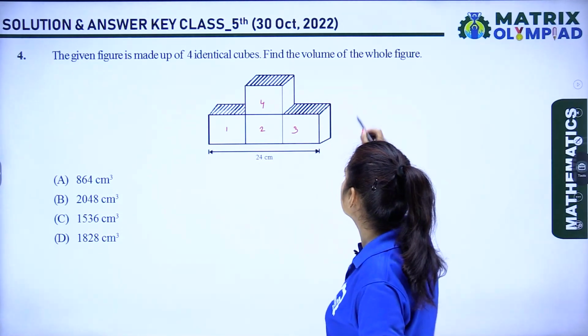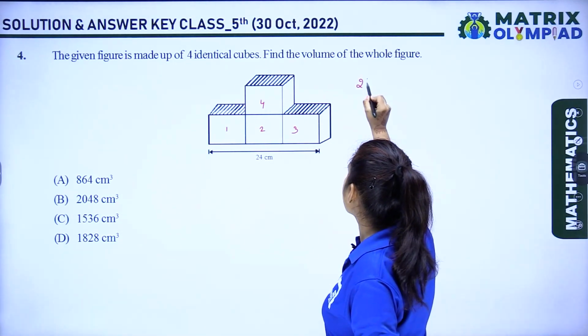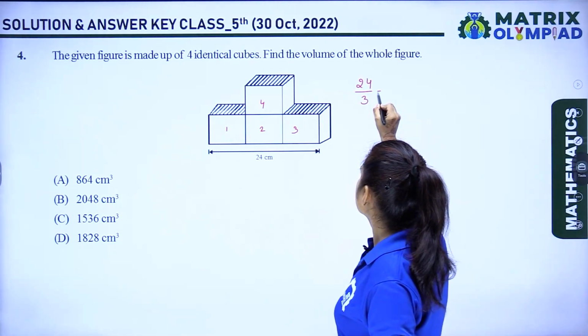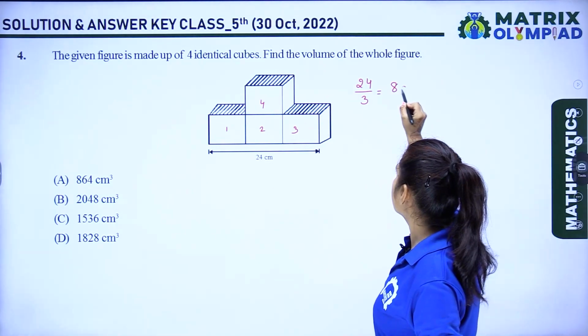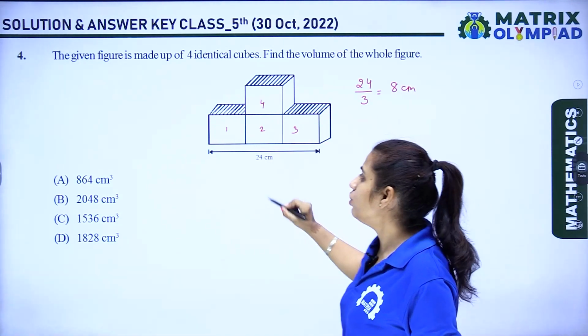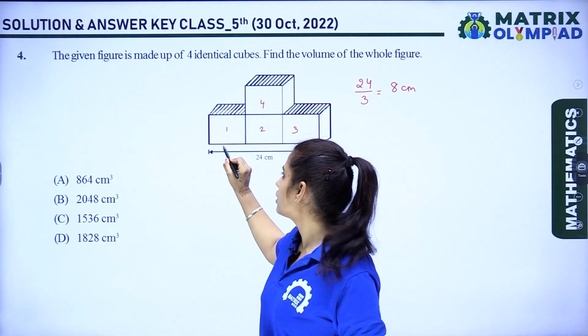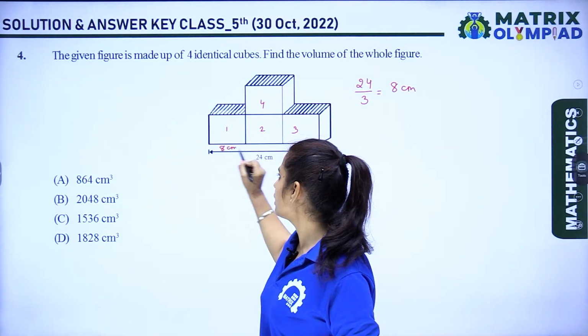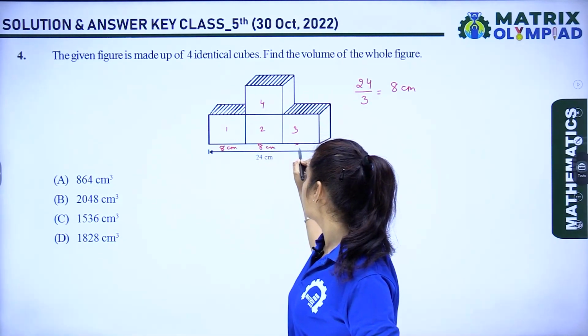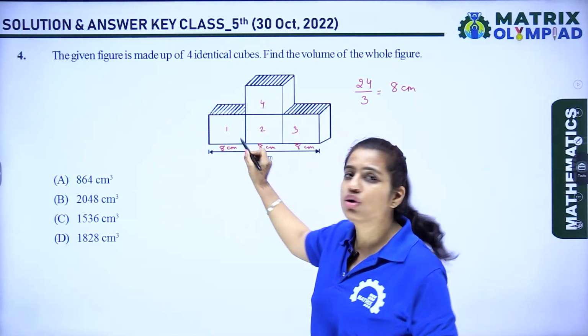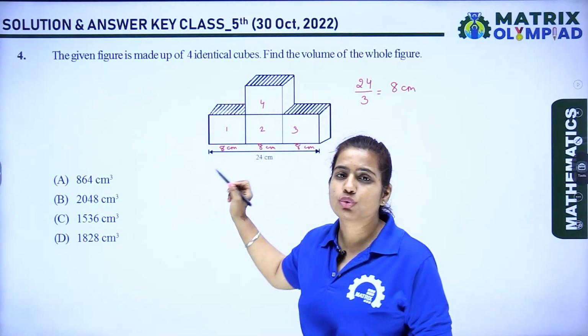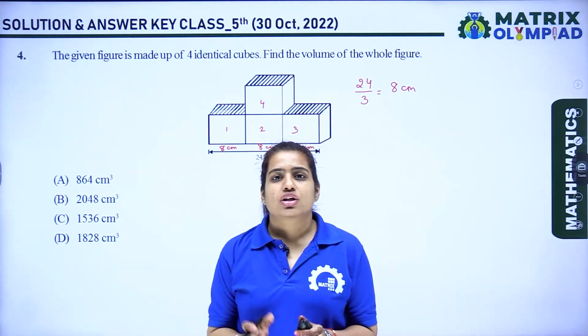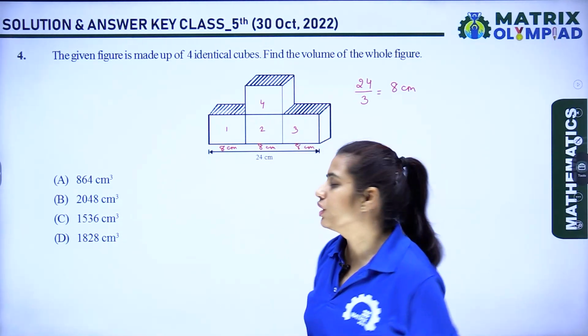So, we are going to divide this 24 by 3. So, we will get 8 centimeter. Now, we have got 8 centimeter, 8 centimeter, 8 centimeter.